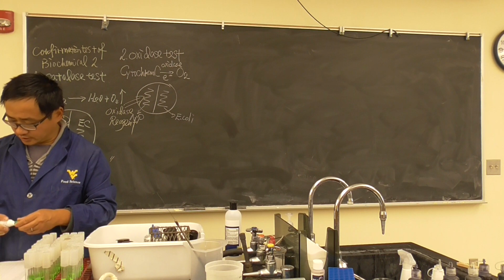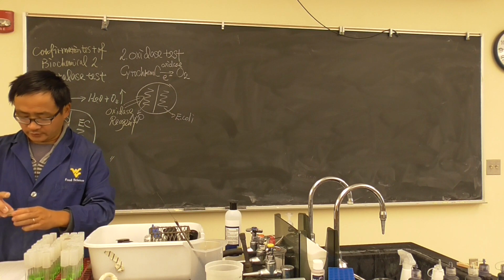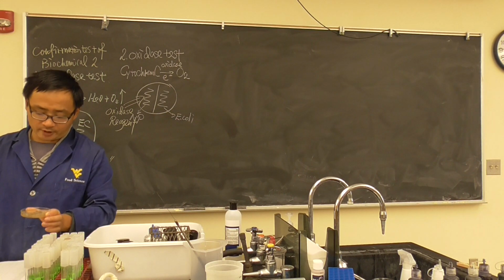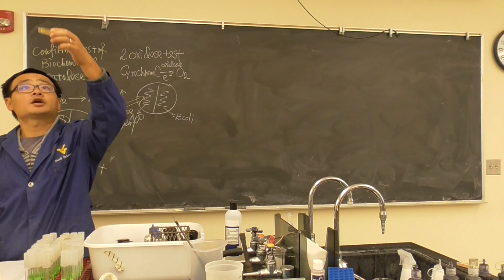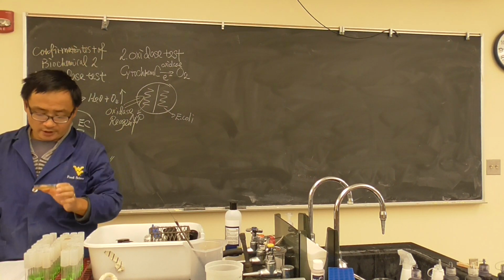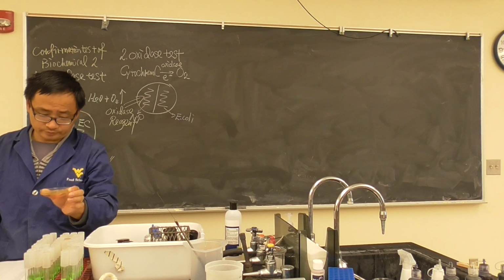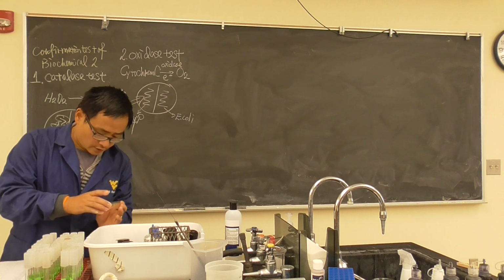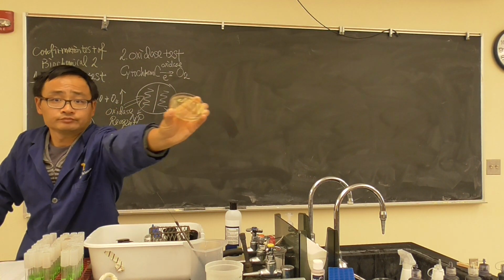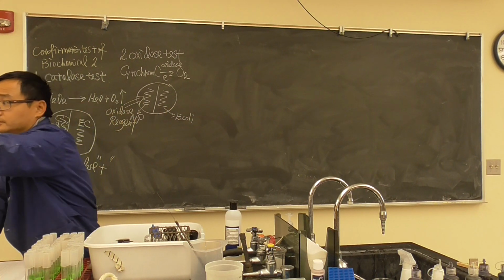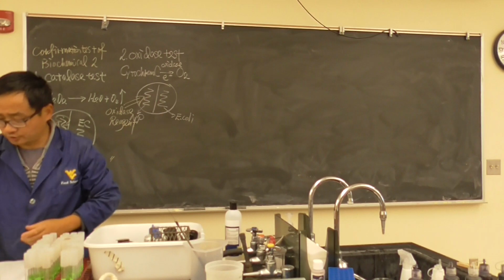We will wait less than a minute, about 30 seconds, to see which side shows a purplish color. And you can see one side already showed the purple. The Neisseria part already showed the purple color.